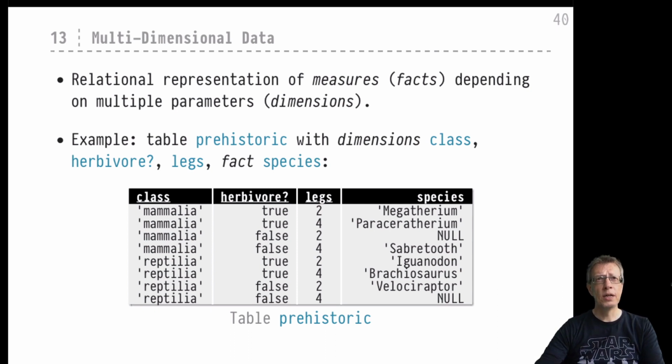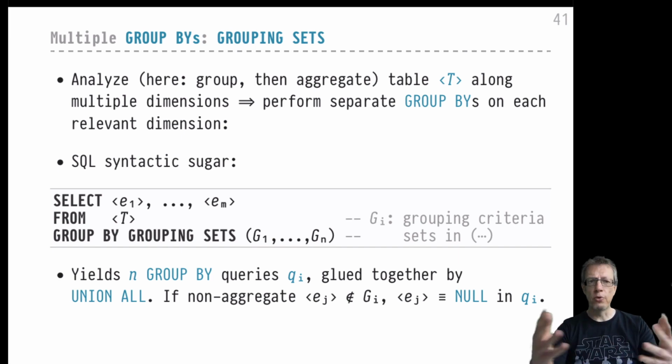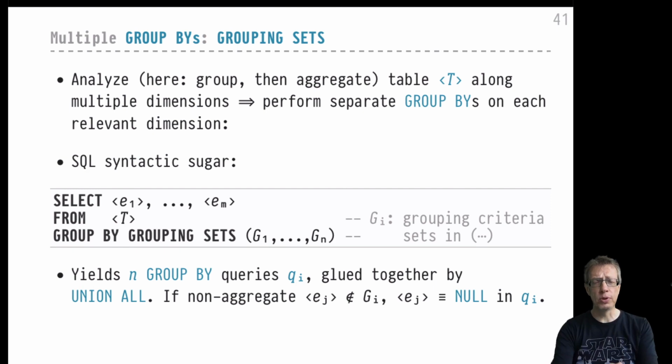We will now perform analysis of this data. And analysis in this case, and for the next few minutes, shall mean the grouping of these species, of these facts, by different dimensions, by different criteria, and then performing aggregation like counting or just enumeration, but you can imagine any computation to be performed there.